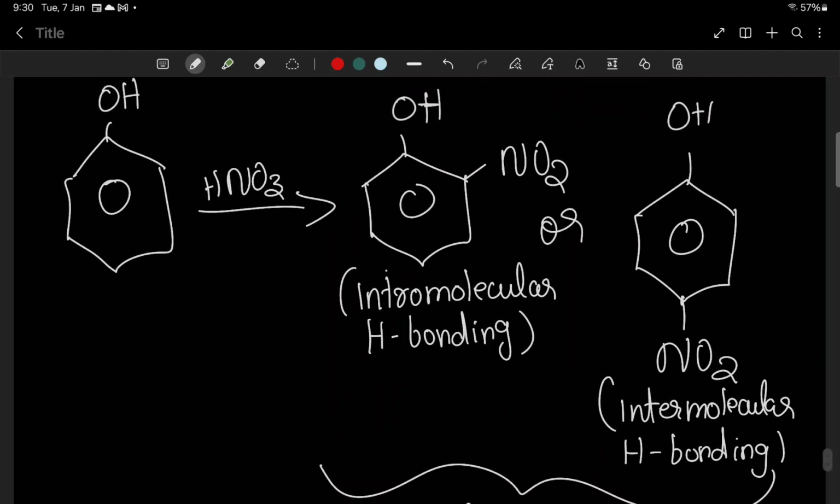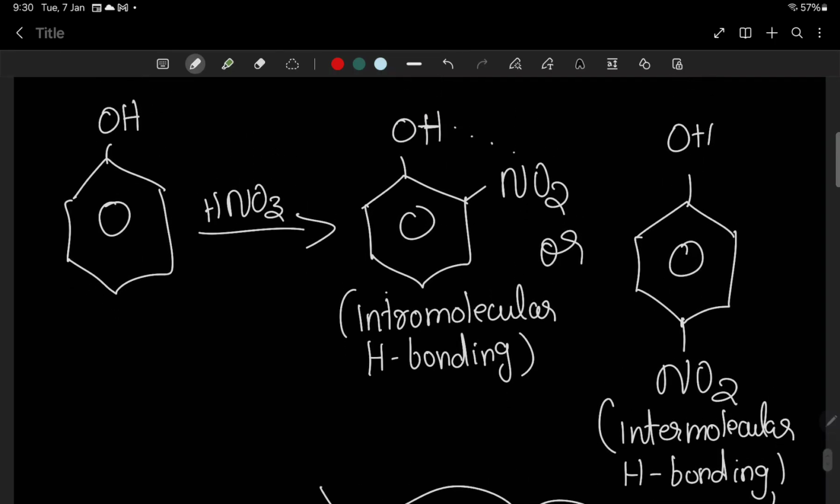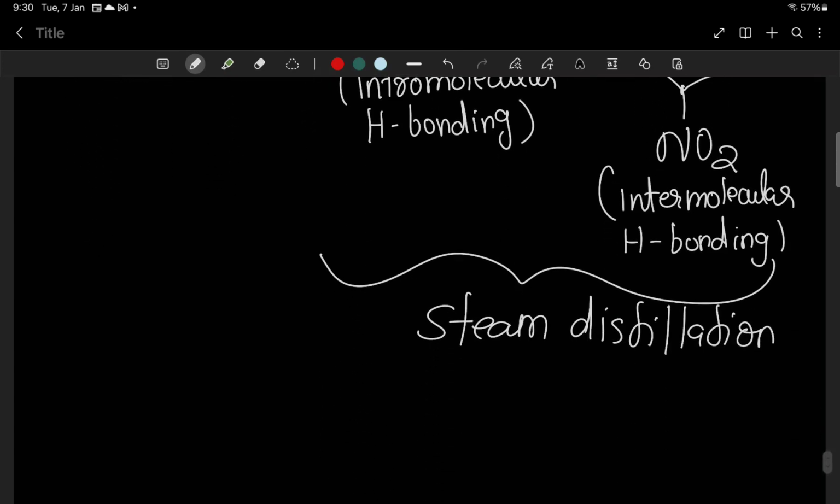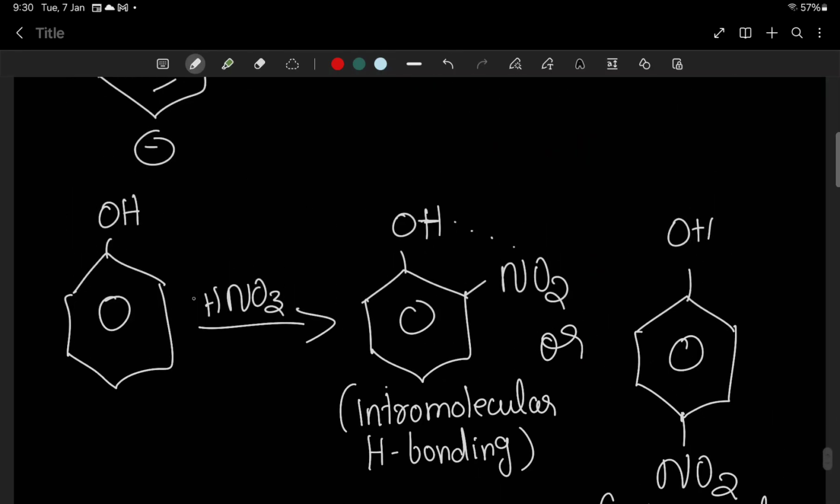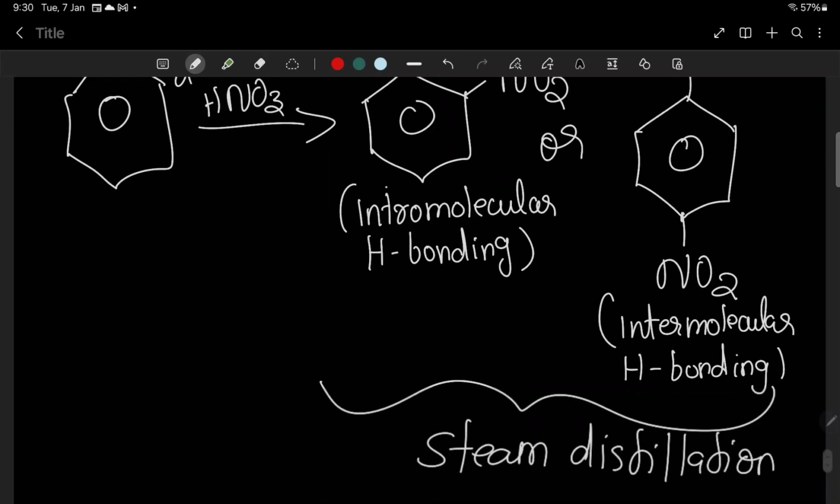Inter means the compound is associated with other molecules, so there are stronger molecular forces and the liquid will not easily separate and go away. But intra means the interaction is inside one molecule itself, not with other molecules of the same compound, so its boiling point is less. So this is the case when we use dilute nitric acid.